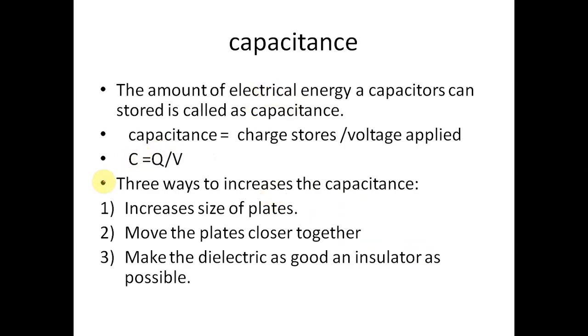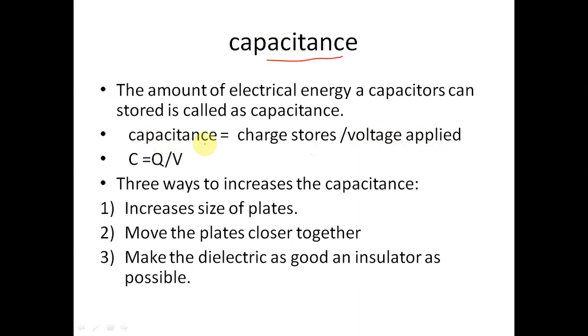Now, the next term related to the capacitor is capacitance. What is the meaning of capacitance? The amount of electrical energy a capacitor can store is called the capacitance. Capacitance is equal to the charge stored divided by the applied voltage.